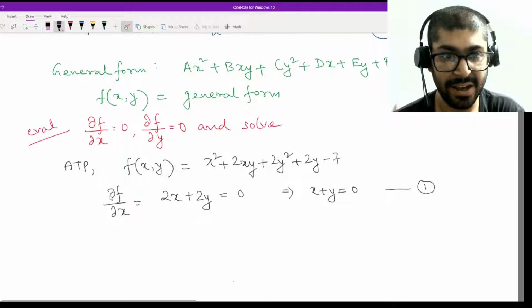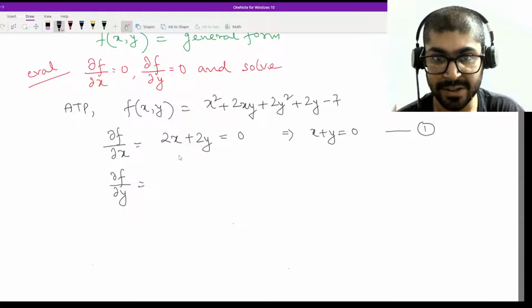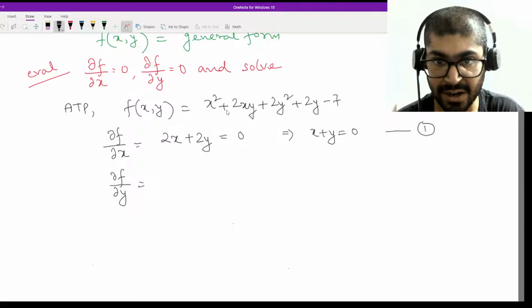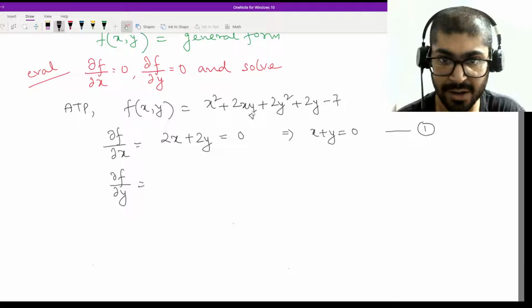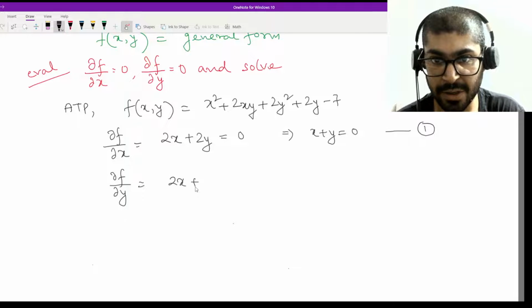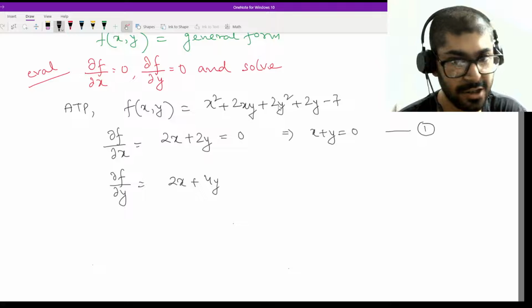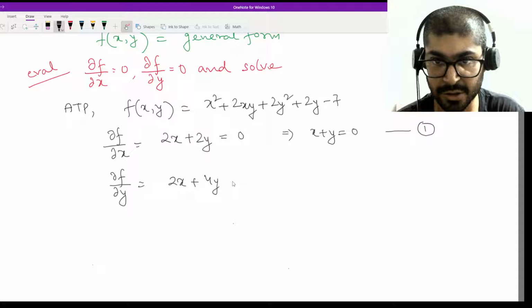So now del f del y, what will this be? X square is gone. Here I just have 2x, right? Because the derivative in terms of y will be 1 and the coefficient will be 2x. For 2y square it will be 4y, and plus 2, equal to 0.